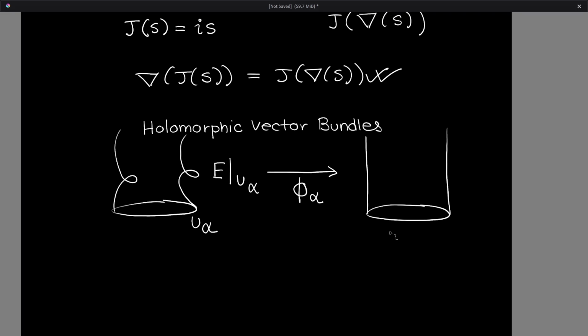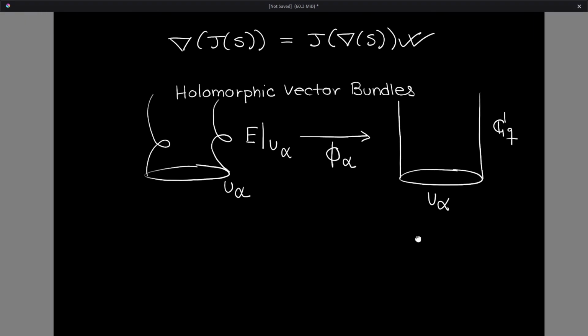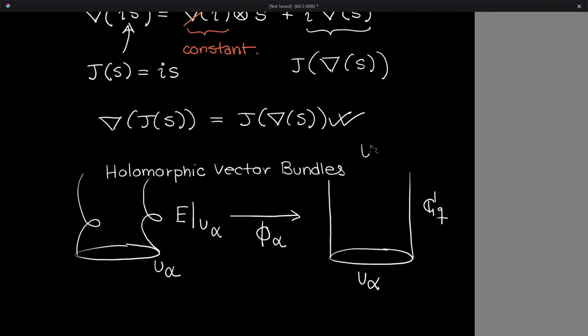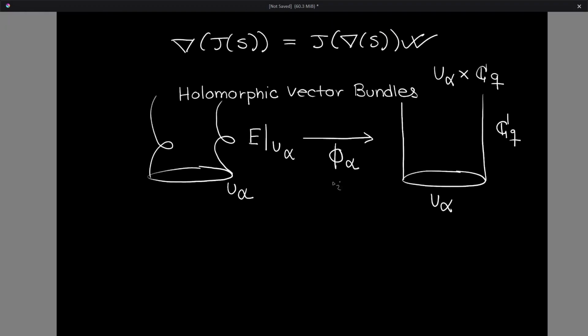So this was U alpha, and this was C^q, which meant that this whole structure was U alpha Cartesian product with C^q. You can call the end product a local trivialization. They're also called bundle homomorphisms, I think.